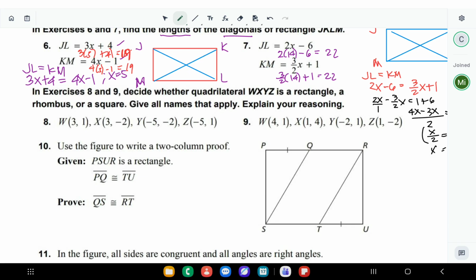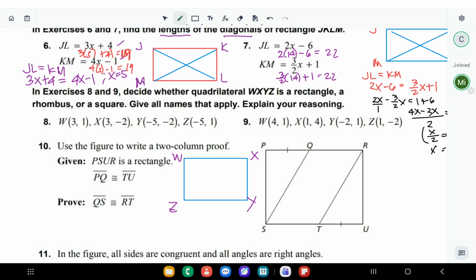Okay, so this is what we're going to do. We're not given the quadrilateral here, but we're given the vertices. These are the vertices W, X, Y, Z. So let's solve for the distance.